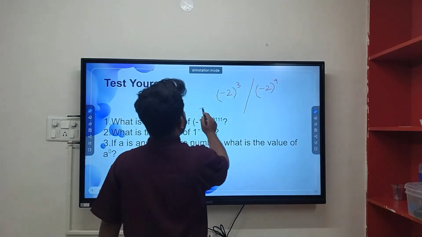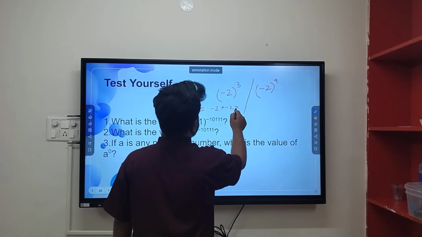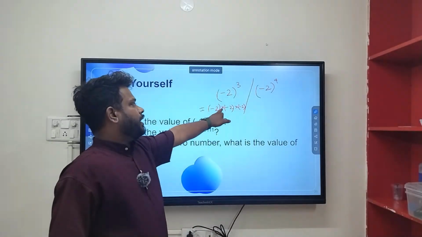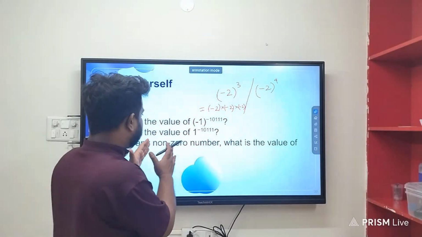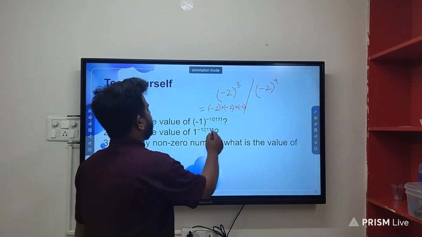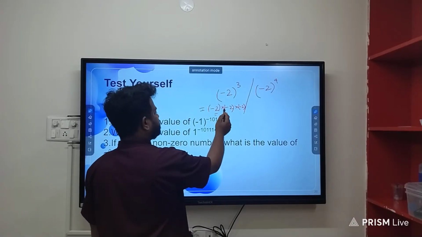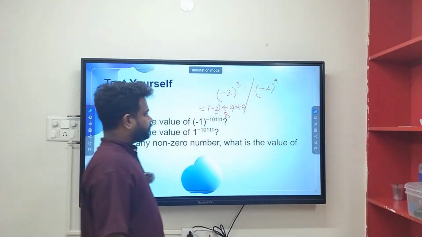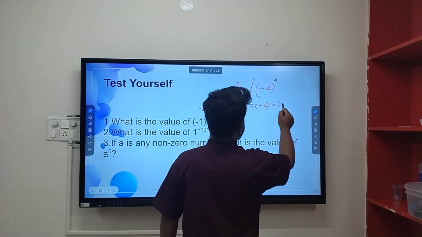So it will be minus 2 times minus 2 and so on. We don't write these two signs together, so that's why I am keeping it in brackets. The answer will be 8, and the sign will be minus minus plus plus minus minus, so it will be minus 8.